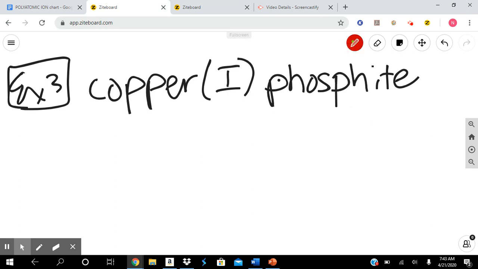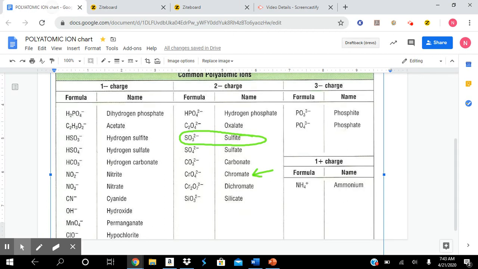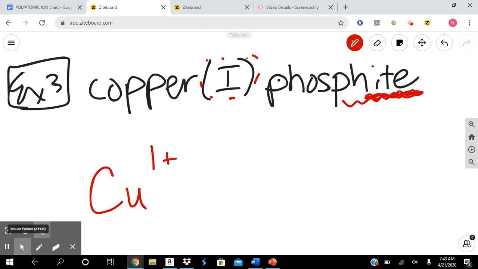Copper is Cu. What's its charge? Where does it come from? It comes from this guy right here, so it is a 1 plus. And we have phosphite. Look at this ending, ITE. Phosphite comes from this chart. Look for it. Phosphite, right here. PO3, 3 minus.